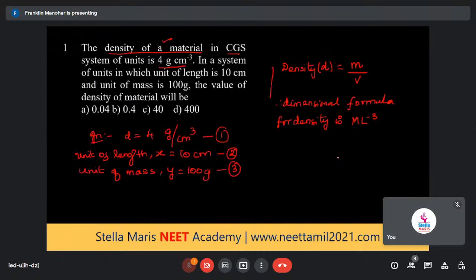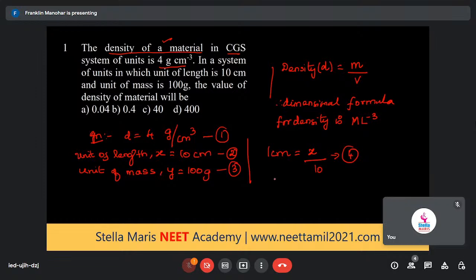Okay? So the unit of mass is Y equal to 100 gram. Let it be taken as equation 3. Now 1 centimeter is equal to, what is given for length? Unit of length is 10 centimeter. Yes, sir. So 1 centimeter is equal to X by 10.